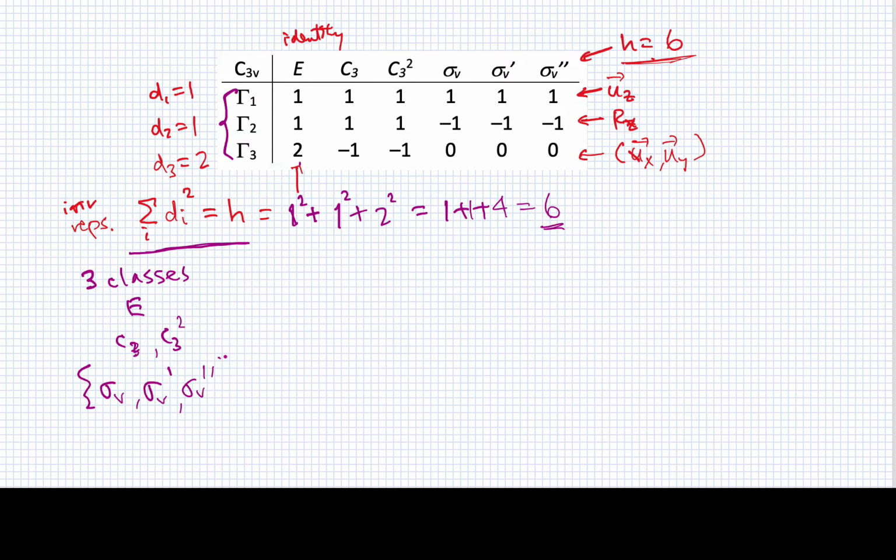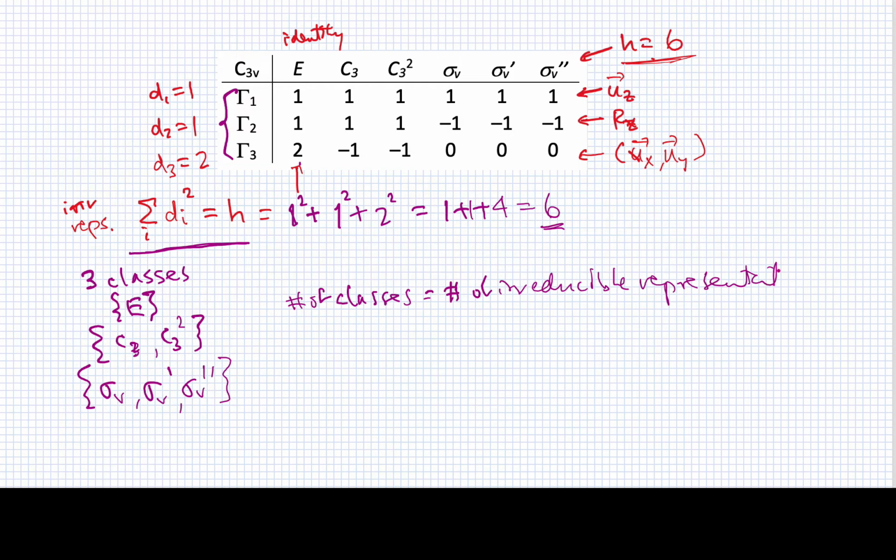These represent the 3 classes that the C3V point group has. So this predicts that the number of classes is going to be equal to the number of irreducible representations.